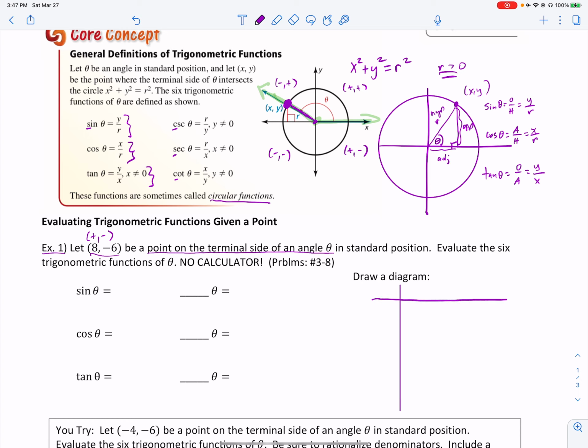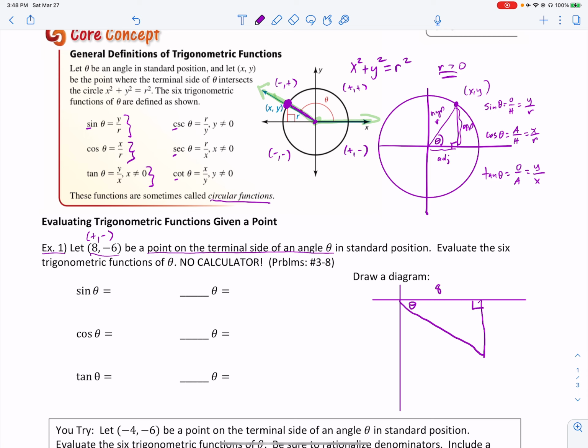Now, one diagram is going to suffice for all 6 of our trig functions. But we're going to go to the right 8 and down 6. So I'm going to create a triangle. This is going to be my reference angle.